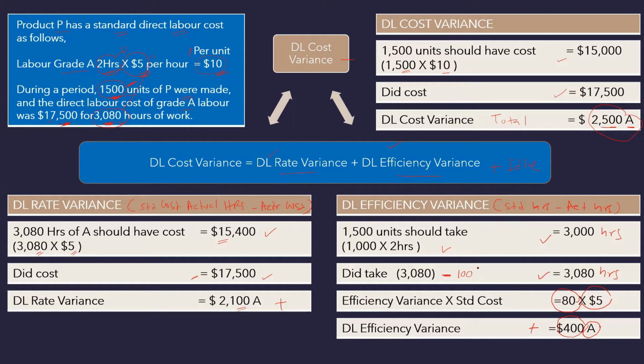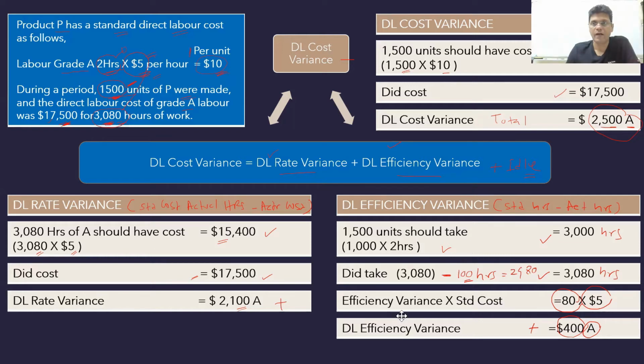You need to remove 100 hours and you need to calculate the efficiency on 2980. Then 100 hours has to be the idle time variance, which is 100 hours times standard cost per hour 5. So that has to be taken separately. Okay. Anyway, I'll be discussing a question on this. So then you will have a better understanding on how to calculate the idle time variances.